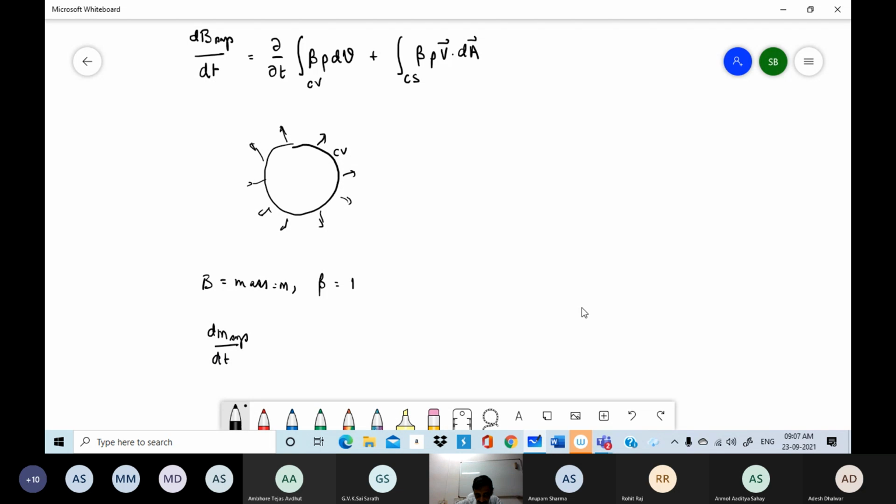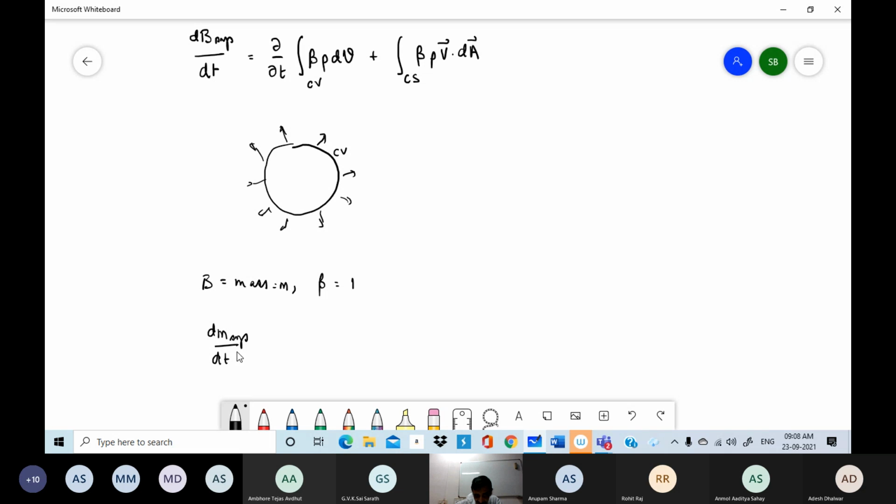Now, the system by definition encloses a certain amount of material. Material doesn't flow in or flow out of the system. So the system by definition follows the material as it moves with time.